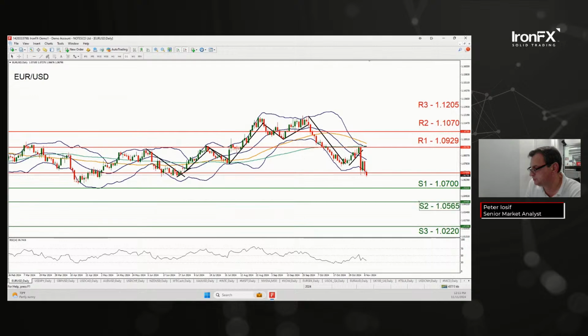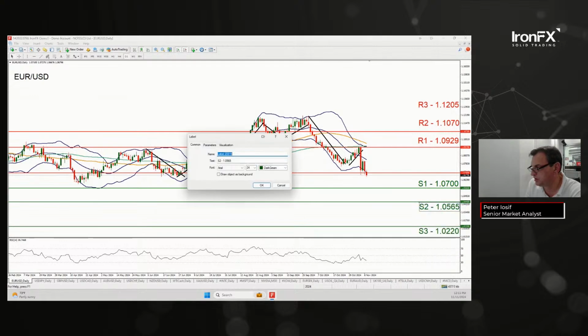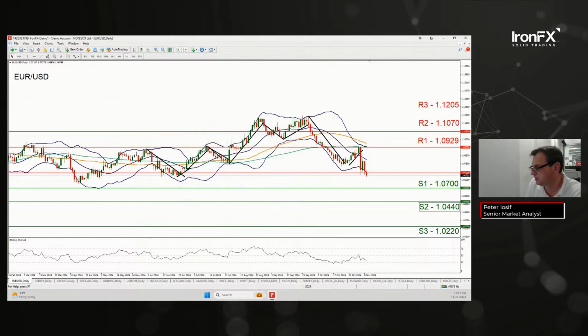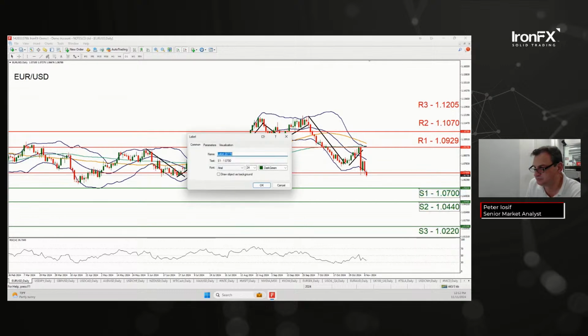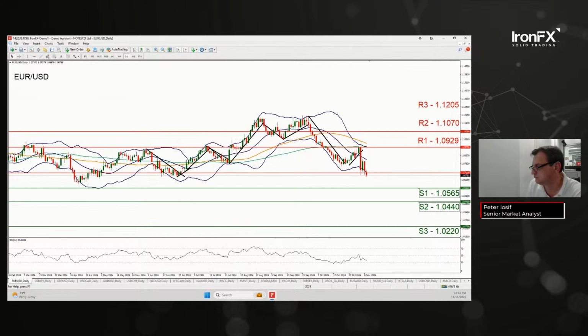The S2 at 1.0440. The S1 at 1.0565. The R1 at 1.0700.